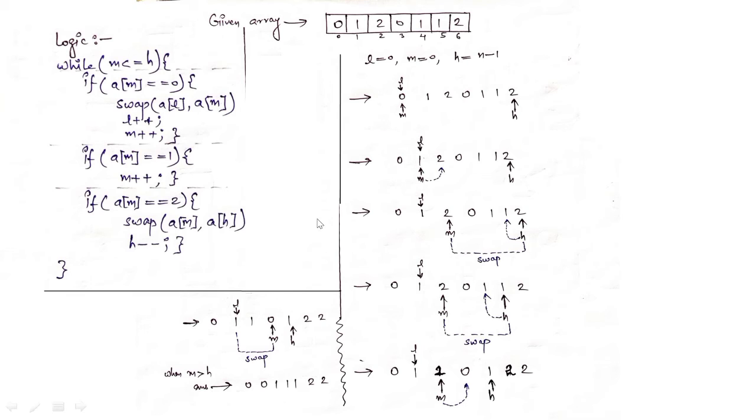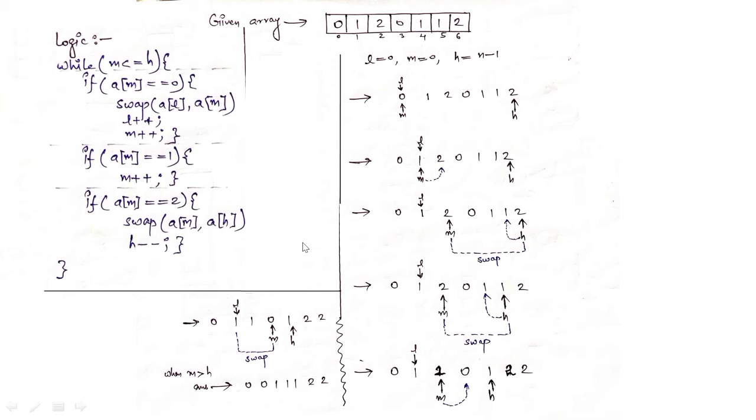According to the condition, our value is 2, so we will be swapping the elements again. We will be swapping this 2 and 1 this time, because we had already decremented H, right? So both of these elements would be swapped and 1 will come here and 2 will come here. So this is what our array will look like after this loop.